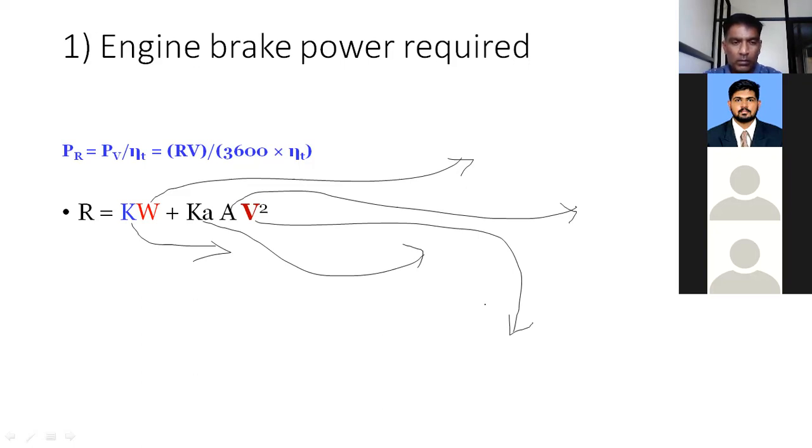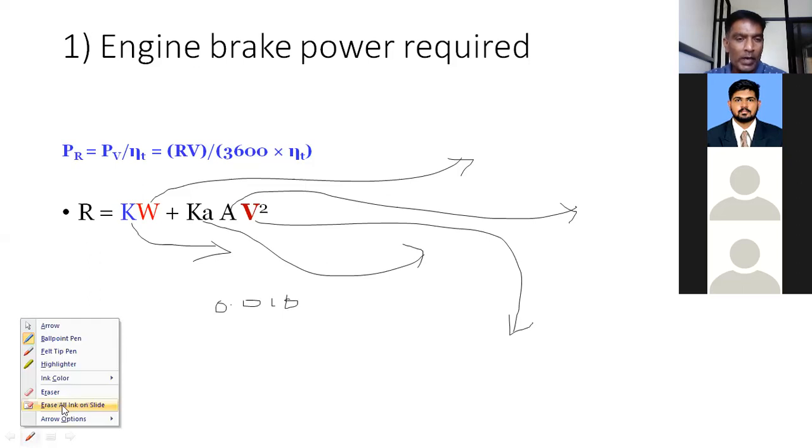0.018. That is the value of K. I will write here 0.018. Okay. Then what is the value of W? Sir, 62,293.5. Okay.